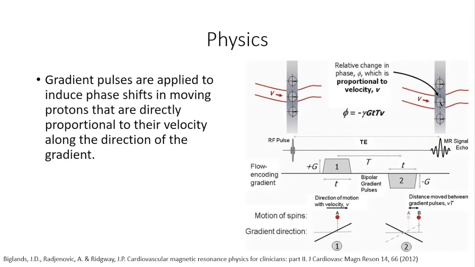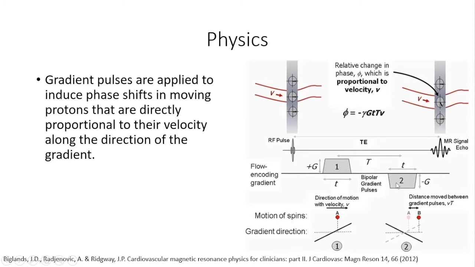So let us dive right into physics. I will try and keep it very simplified. Due to an initial excitation pulse, the spins are in phase. Then a gradient is applied to both stationary and flowing spins, causing phase shift.